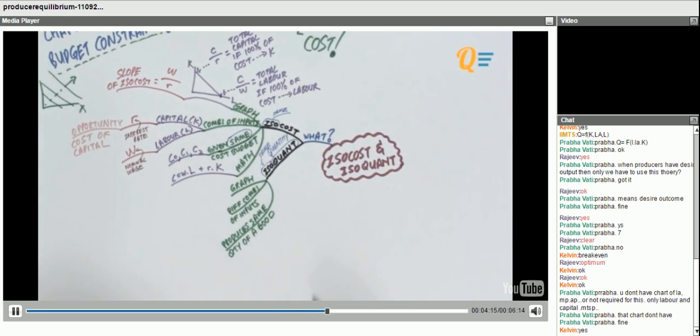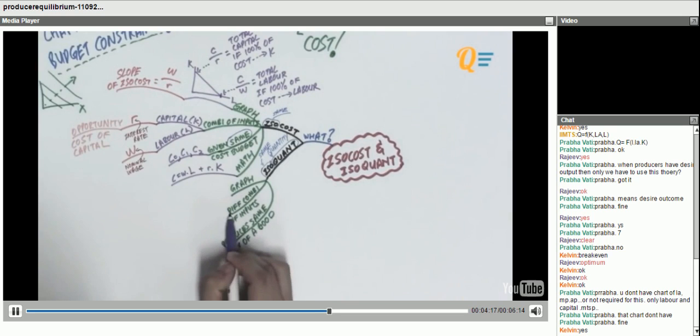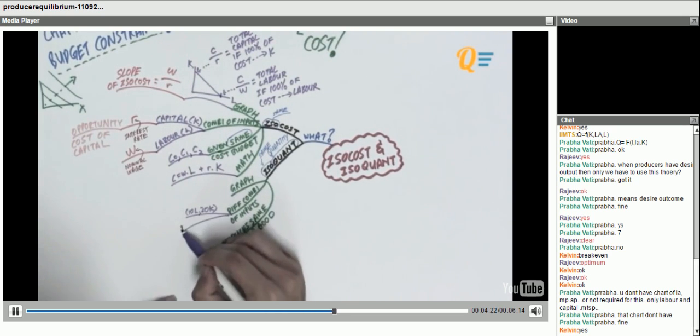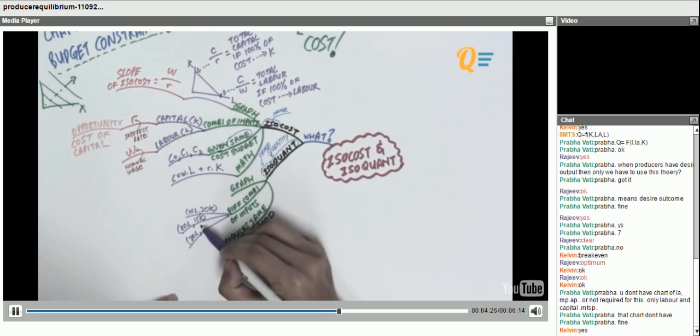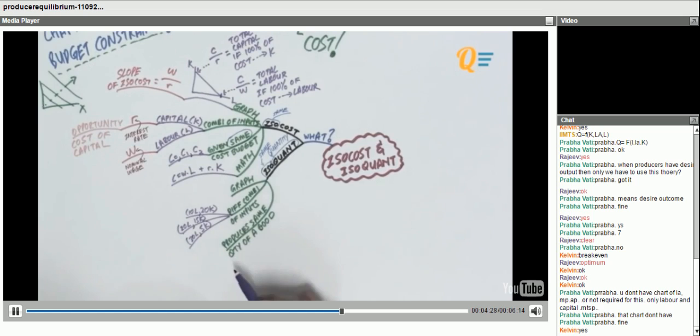Okay, just let me show you different combinations of inputs. So maybe we have 10 units of labor and 20 units of capital, or 20 labor and 15 capital, or 30 labor and 5 capital. It doesn't matter which one of these bundles, the firm can use this to produce X naught amount of goods, for example.